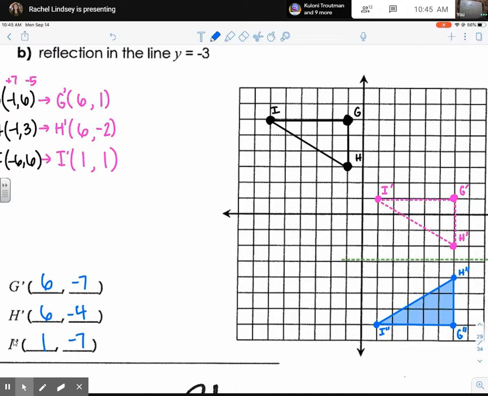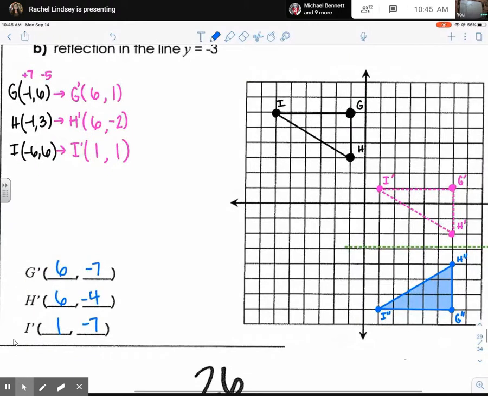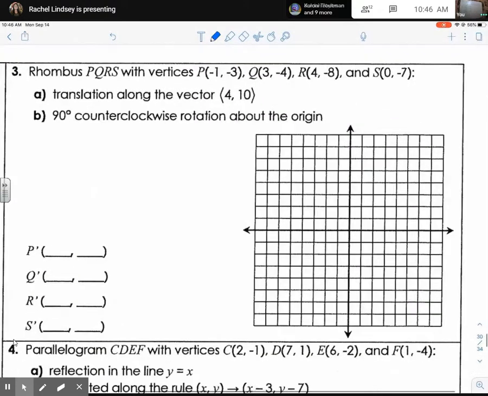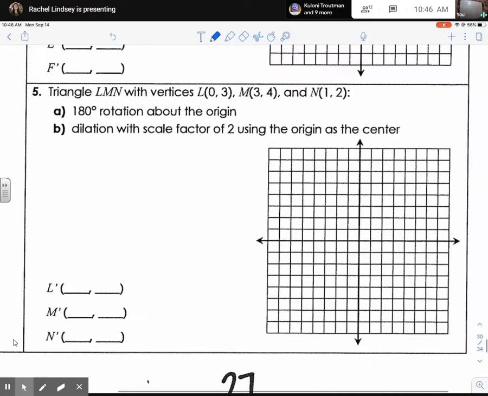And then there are my final coordinates, G, H, and I. Okay, I'm gonna go to page 27 now, and I'm gonna do number 5.